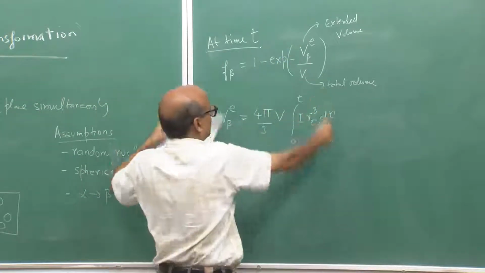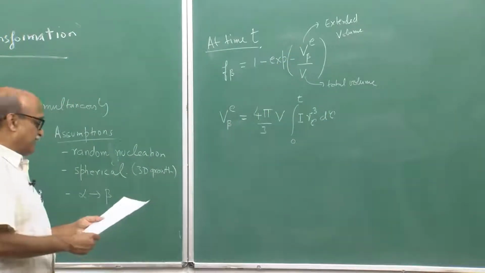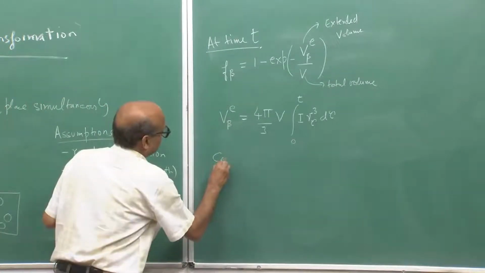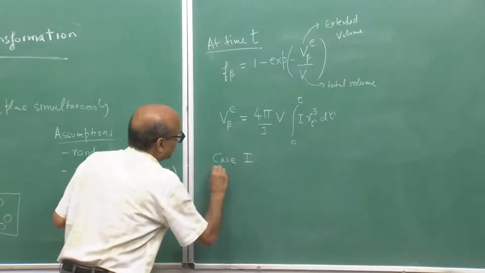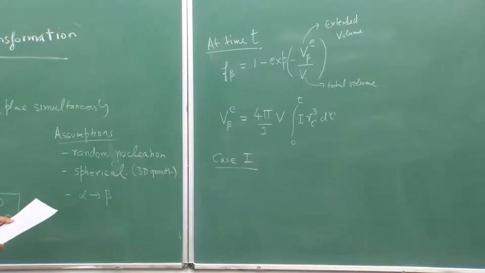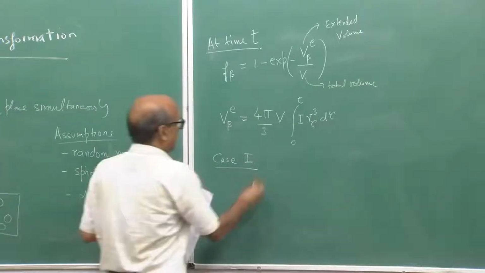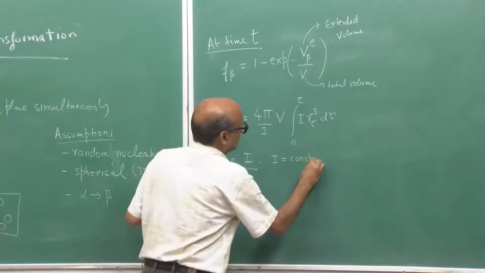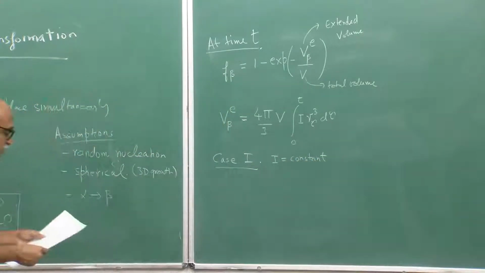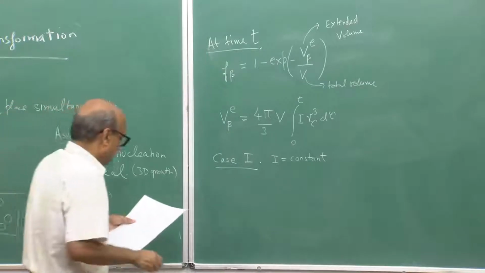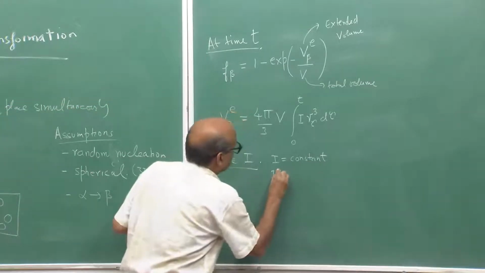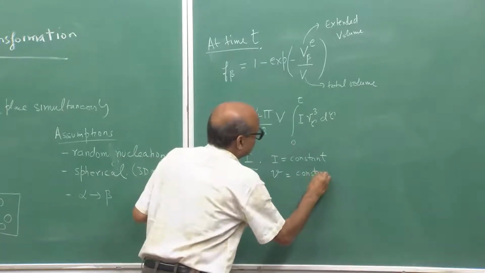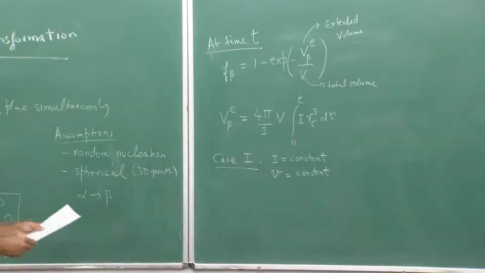Now, with just these two expressions, we had dealt with several situations. For instance, case 1 of the Avrami analysis, which is the simplest case, where we consider that I is a constant, the nucleation rate is a constant throughout the transformation, and the growth rate or the growth velocity v is also a constant throughout the transformation.